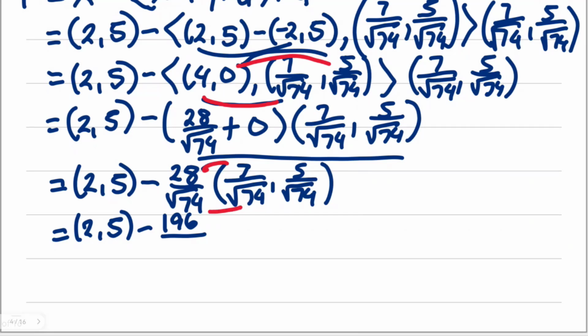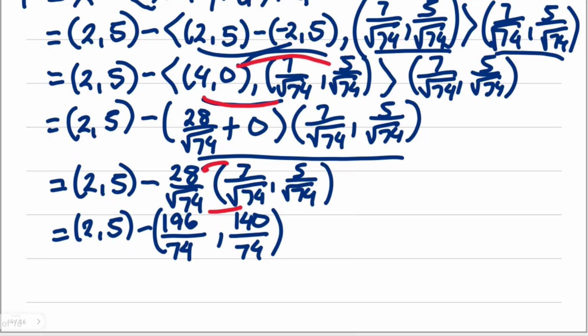Of course, the square root will no longer be there, so you have 74. And then the other one is 28 times 5, which is 140, over positive 74. So no need to rationalize earlier, because the square roots will still be removed as we have products of them. With that, simply combine these.